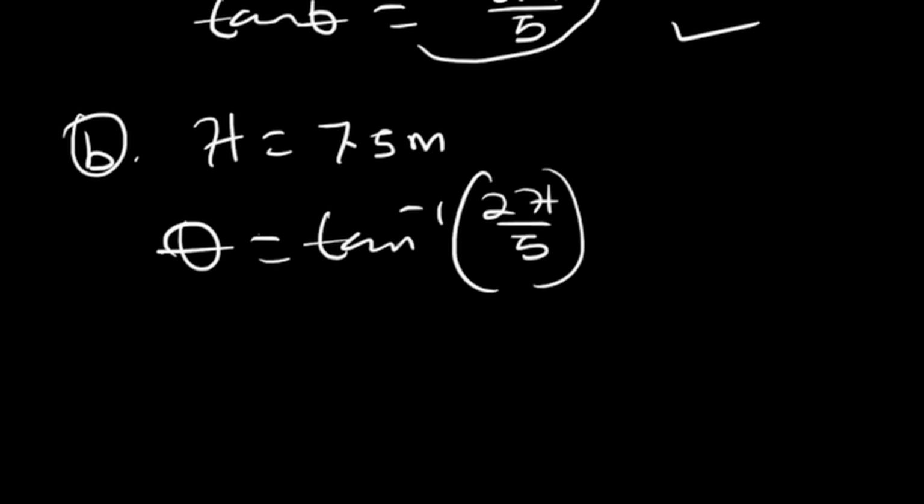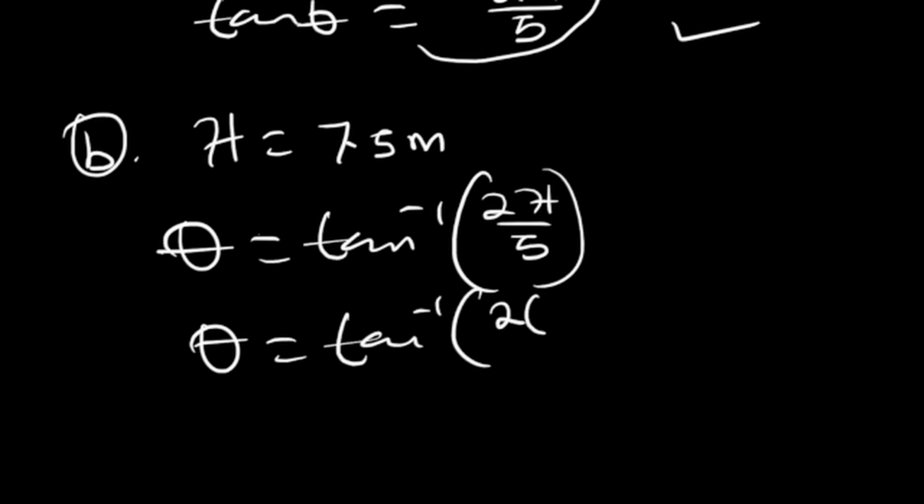Since the height is 7.5 meters in this case, wherever we see h, we replace it with 7.5. Therefore, theta is equal to tan inverse of 2 multiplied by 7.5 all over 5.